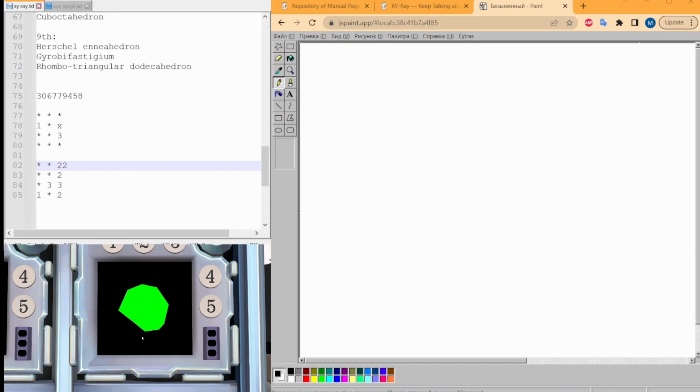Okay, let's see if there are any vertices with 3 connections. Maybe this one? It seems that it had only 3 connections. One, two, three. Yeah, seems like it.